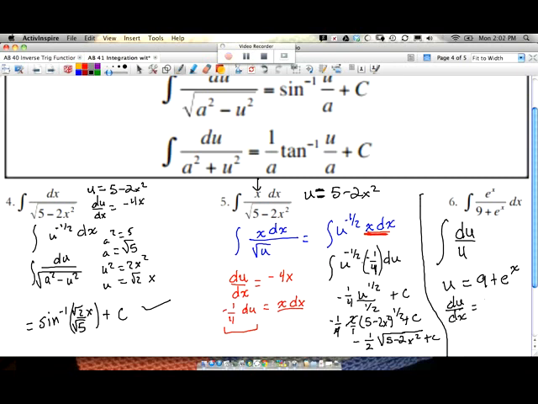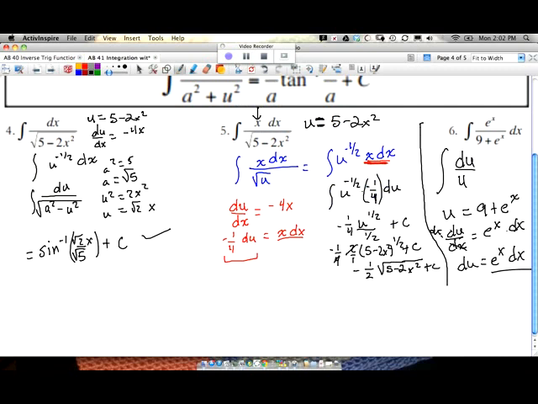So I multiply by dx on both sides, and I'd get du equals e to the x dx. Excellent. Okay, so now when I rewrite this, I have the 1 over u, because this bottom part is u, and the du is the e to the x dx, that's this other part up there.